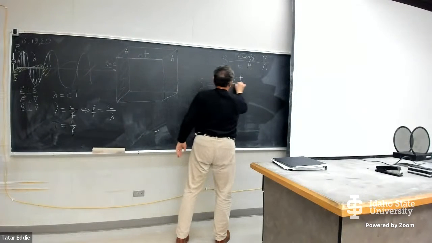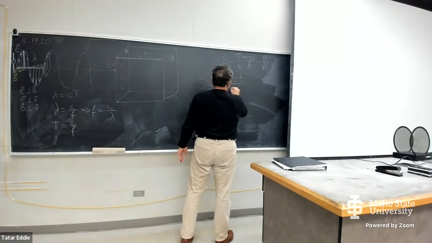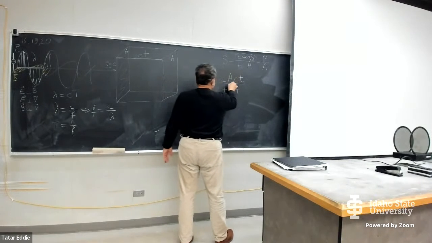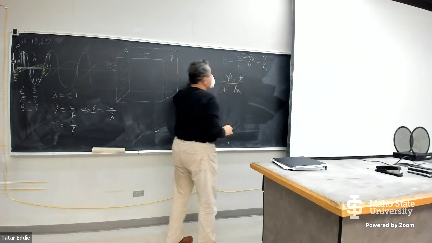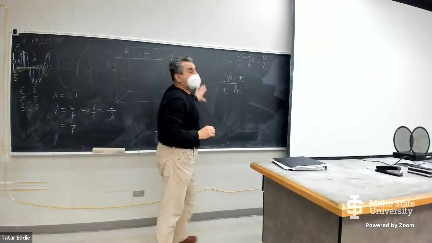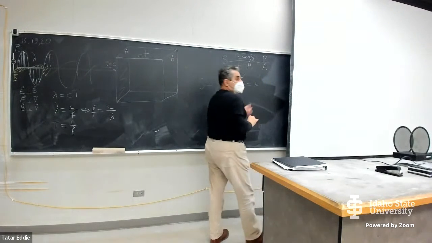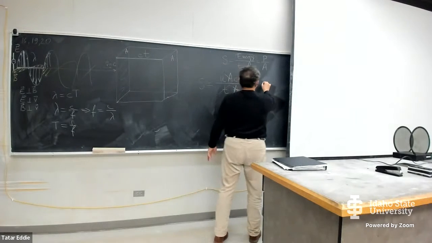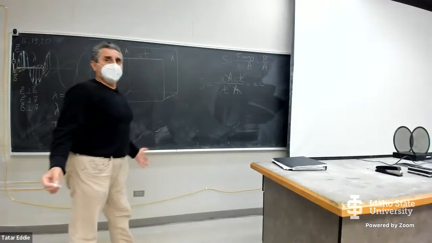So all of this has to be divided, according to the definition, by the time interval t and the area. The time interval cancels, the area cancels, and for the intensity of the electromagnetic wave, you get that it is just equal to energy density multiplied by the speed of light. And this is the result that you need.